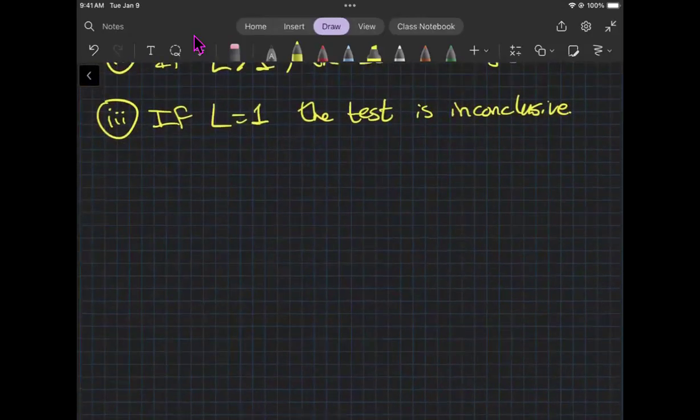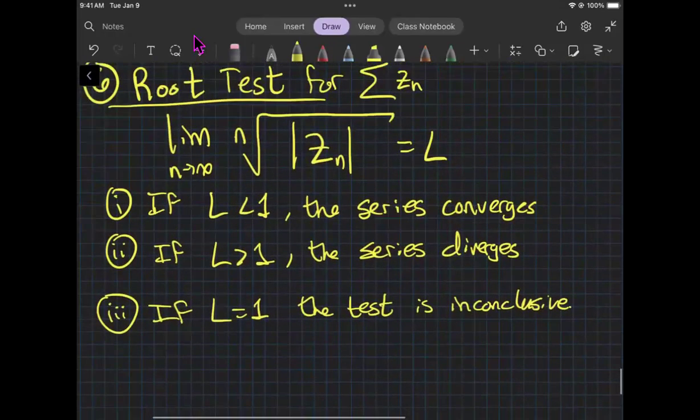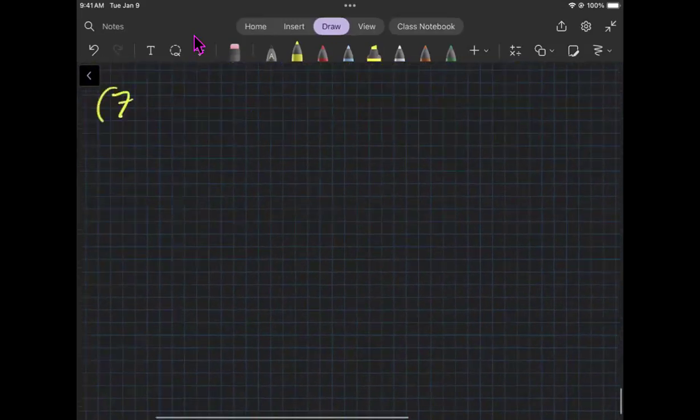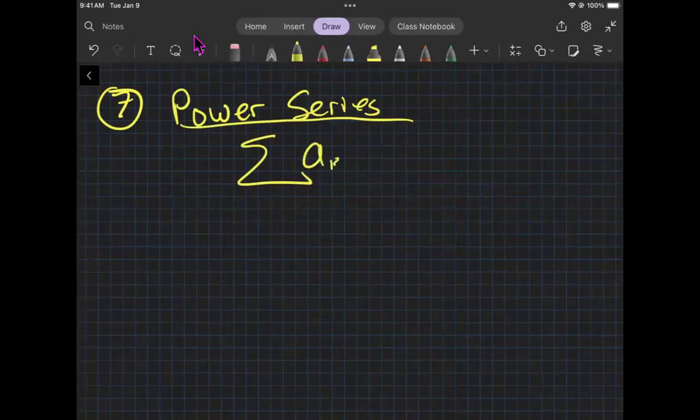All right. So there's also a different type of series that we're going to look at in the next section. And those are what are called power series. Okay, so power series. It looks like this. This is going to be a lot.